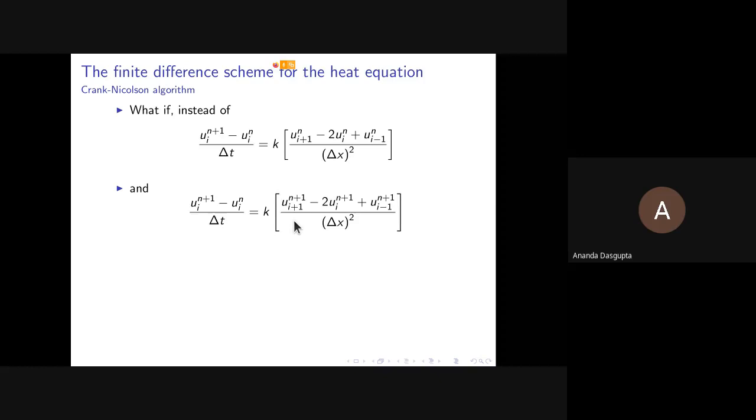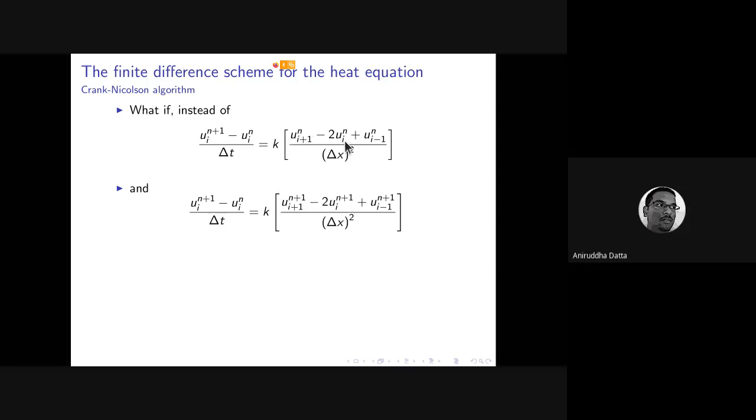Something simple that you can do, given that both of these give you decent approximations. How would you modify the algorithm to get a better approximation? This one, remember, essentially calculates the time derivative at the beginning, at t equal to n.